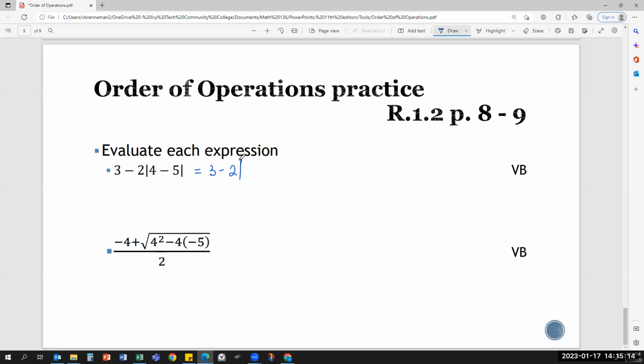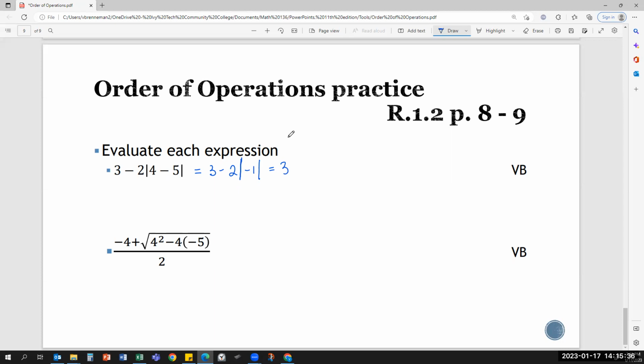And I'm going to write the absolute value signs kind of extra long so that they don't look like a number 1. So absolute value of 4 minus 5 is -1. Then the absolute value actual operation comes next. Absolute value, if there's a negative on the number inside of it, turns it into positive.